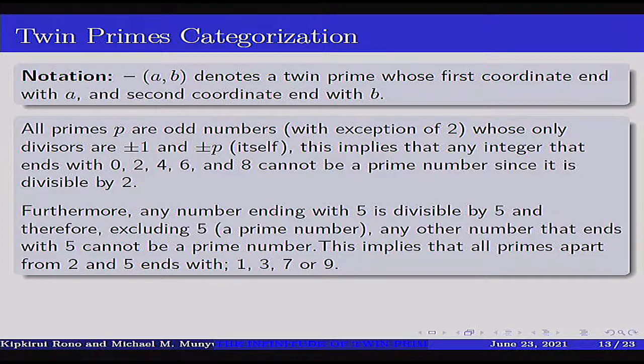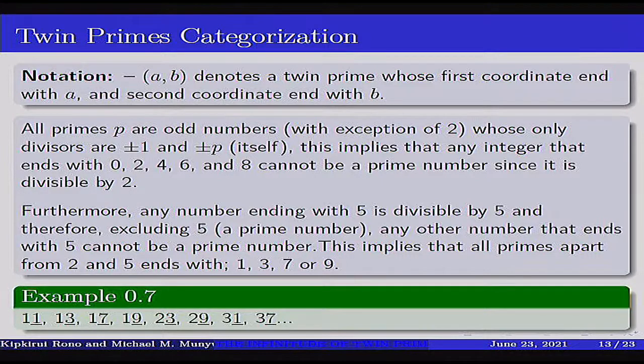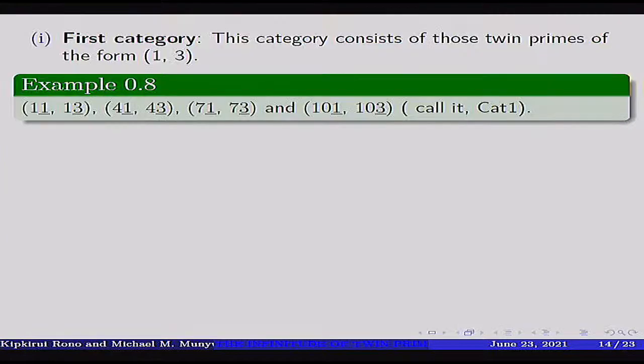Now we go to twin primes. Twin primes have been categorized into 3 categories based on this. The first category is twin primes of the form 1, 3, those that end with 1 and 3, for example 11 and 13, 41 and 43, 71 and 73, 101 and 103.